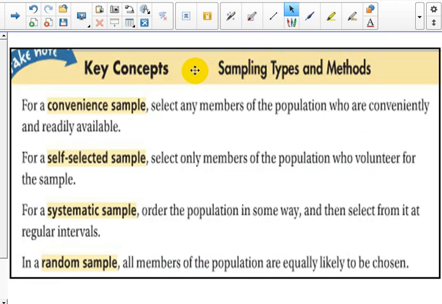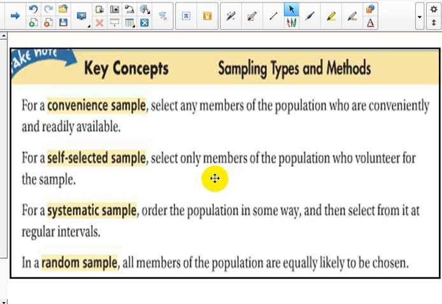So here are our sampling types and methods. For a convenience sample, select any members of the population who are conveniently and readily available. Just convenience. Okay. A self-selected sample is selecting only members of the population who volunteer for the sample.